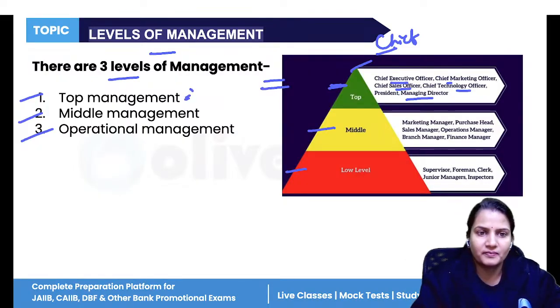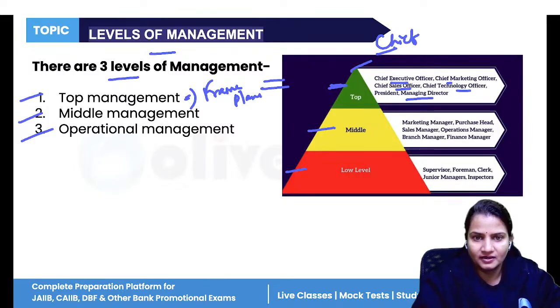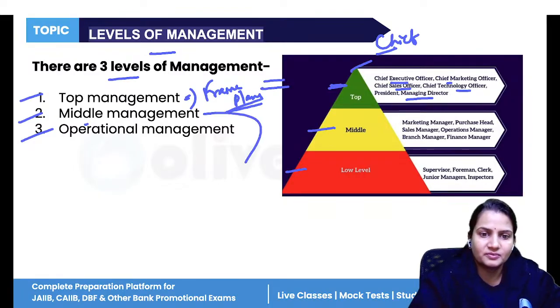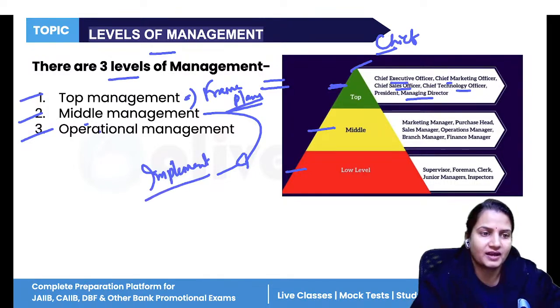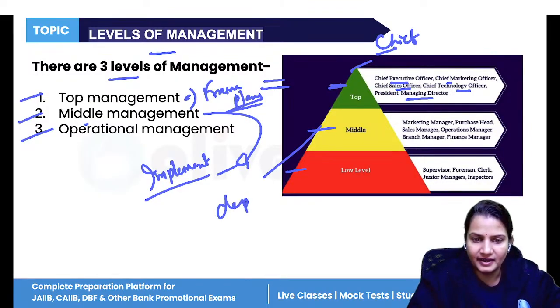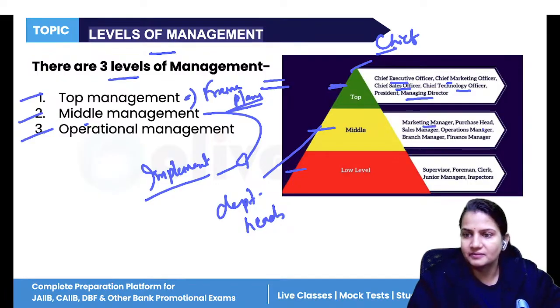Now the work of the top management is to frame plans, make different plans. The work of the middle level management is to implement those plans. How to implement those plans, that is the work of middle management. So in middle, all the departments and heads will come, like marketing manager, purchase head, sales manager, operations manager, branch manager, finance manager.